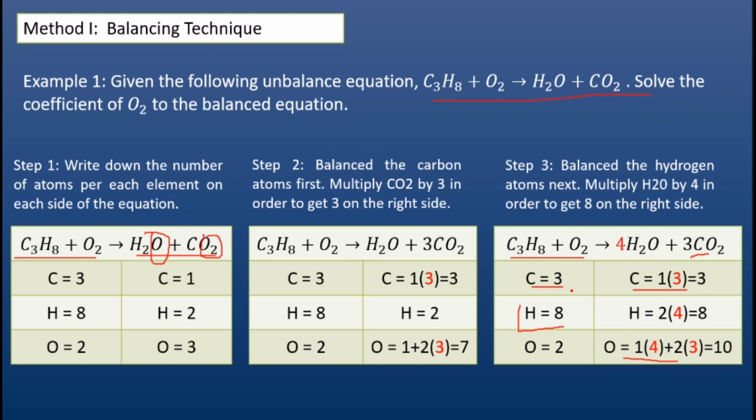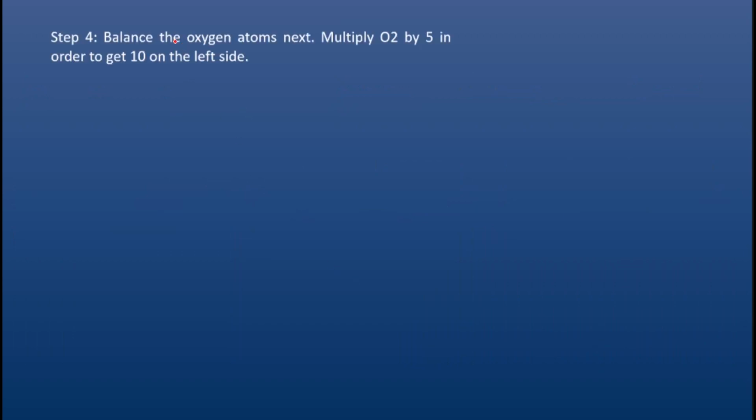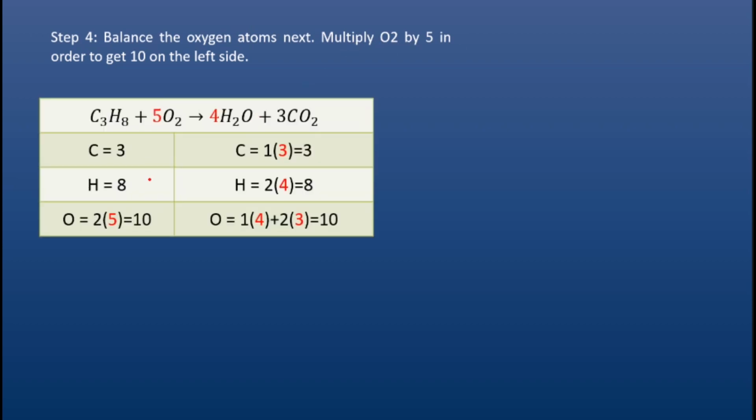Since our right side is 10 and the left side is 2, in step 4 we balance the oxygen atoms by multiplying the oxygen on the left side by 5 to obtain 10. Therefore, this is now a balanced chemical equation for the given example.